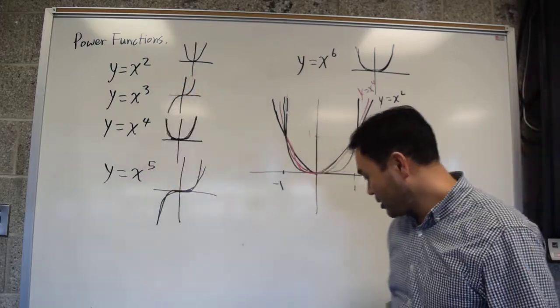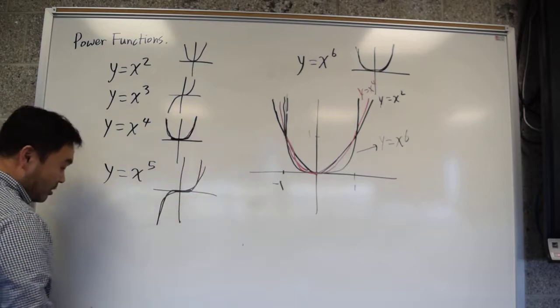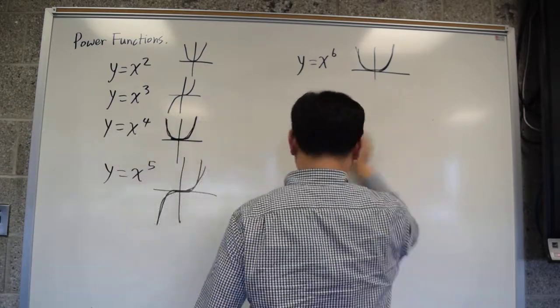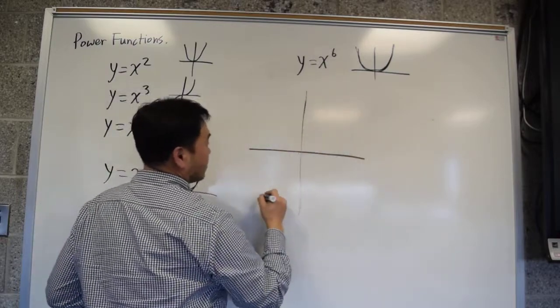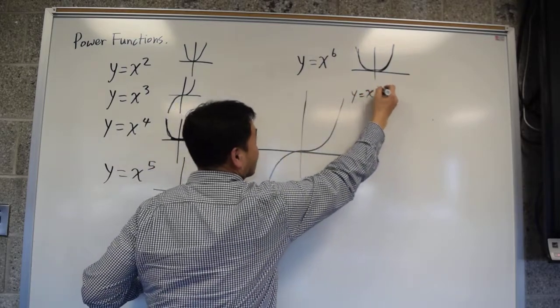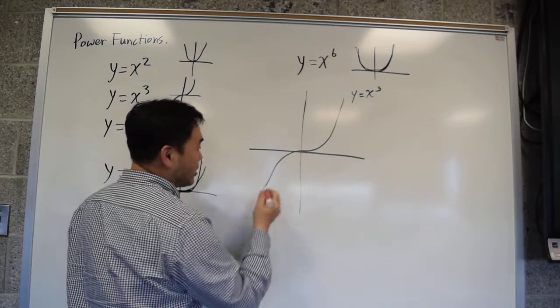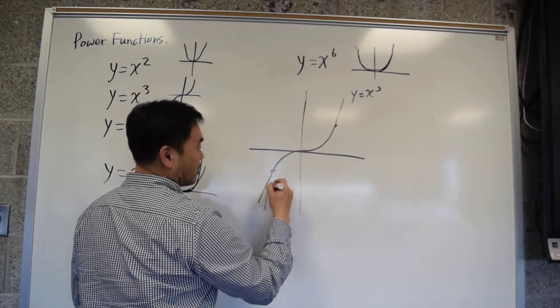Okay. Now, on the other hand, if you put this and this together, erase this. Y equals x cubed will be like this. And y equals x to the fifth would be, if this is 1 and 1, like that.